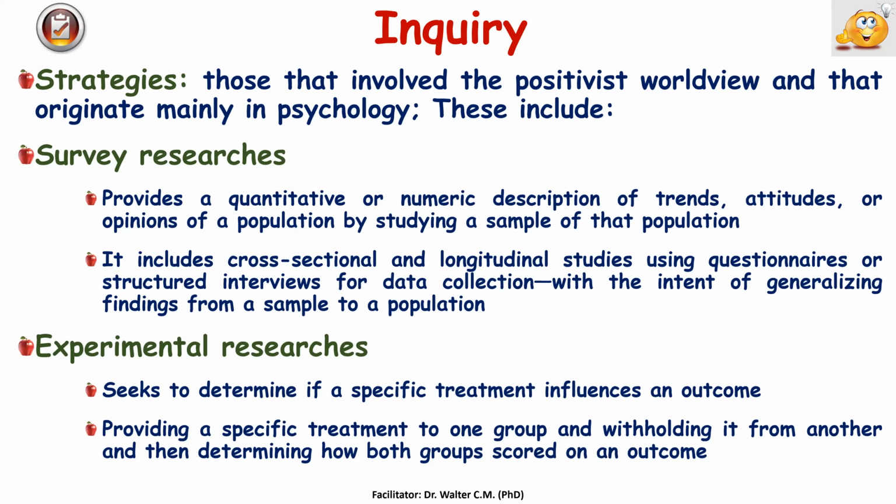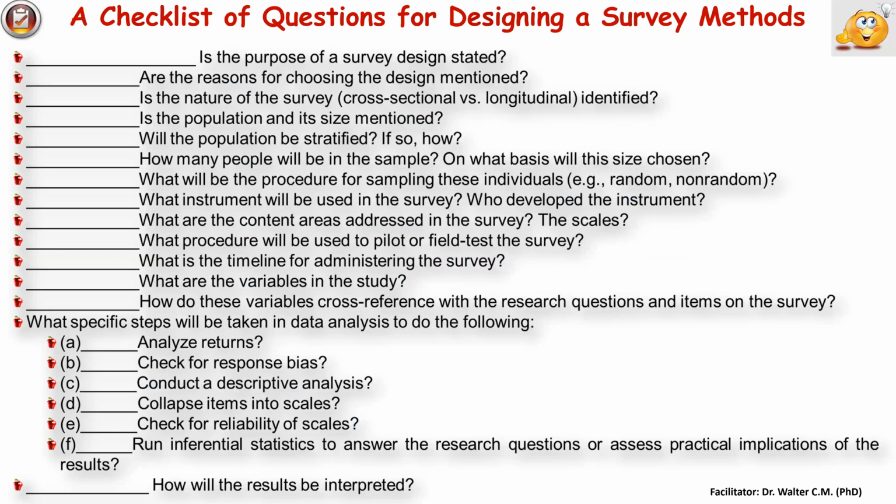You see? So one of the checklists under survey researches, we have this checklist, which has several questions. All researchers doing observational studies who have opted for the quantitative research approach need to adhere to this checklist because it will help them to shape their work.